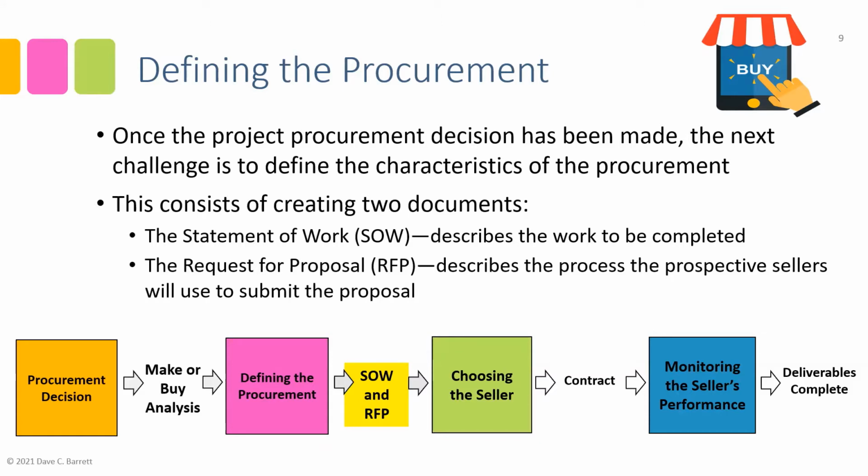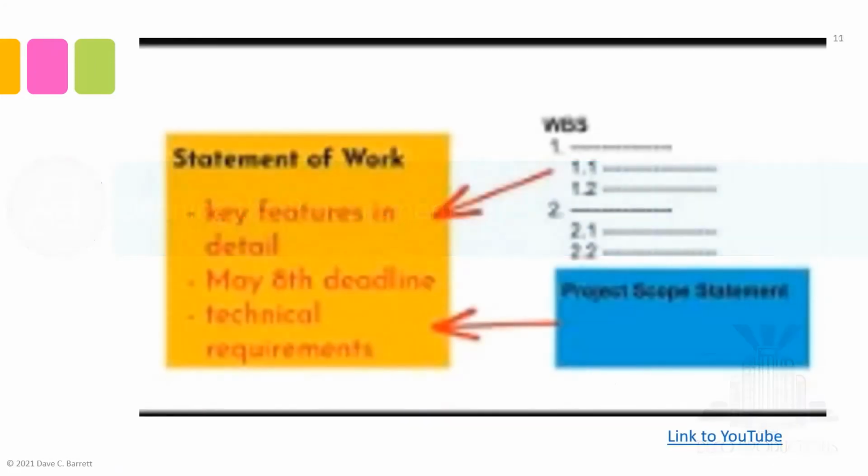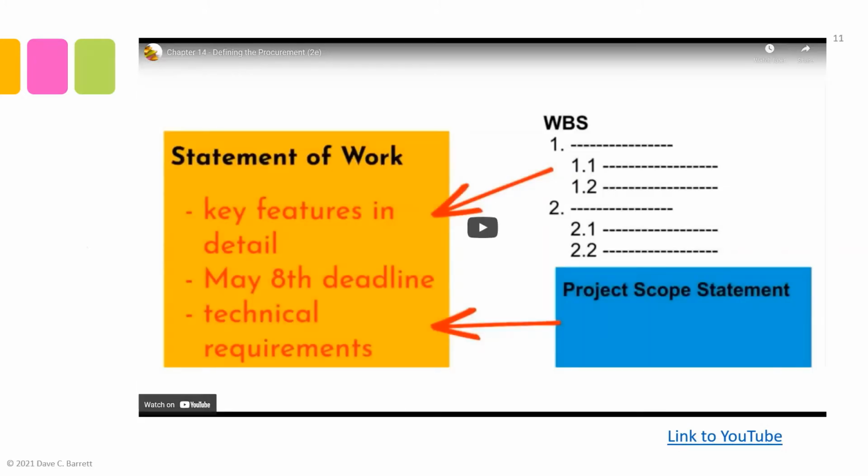So just FYI, there are various types of secondary documents similar to the request for proposal, but for our purpose, we're going to be looking at RFPs for the remainder of this lecture. Okay, let's go to our video, and we'll now look at the process that will be used during this point where we are defining the procurement. So let's watch this together.